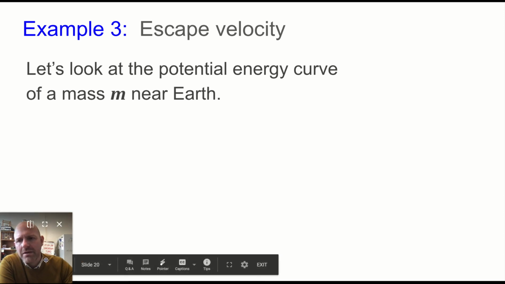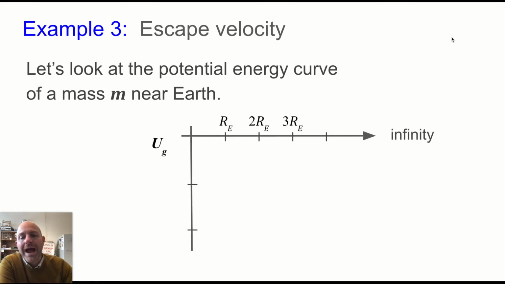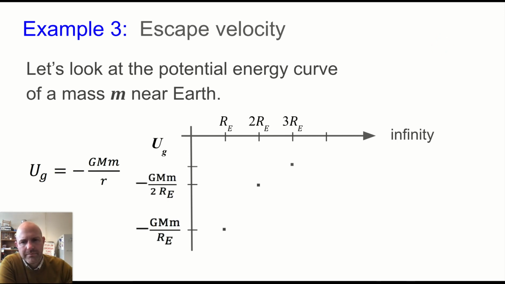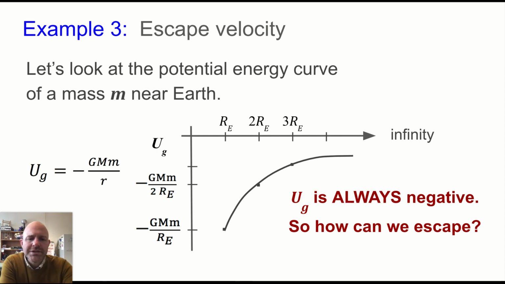One other thing I want to look at is this concept of escape velocity. If you were to graph the gravitational potential energy for some mass near the Earth, it would look like this. The further out you get, the closer to 0, but it's this curve. So gravitational potential energy is always negative. How can we escape?